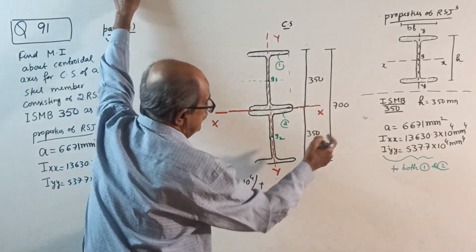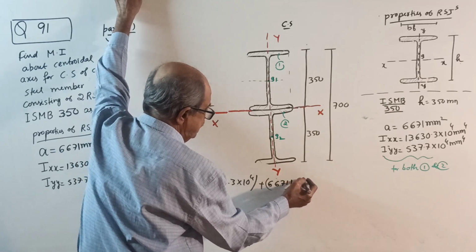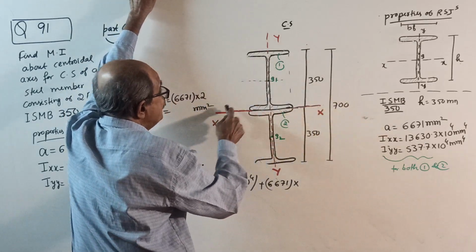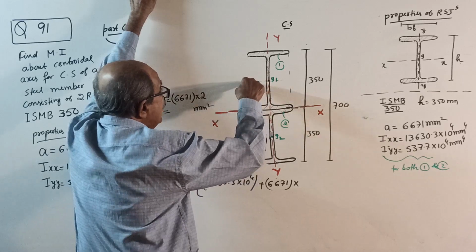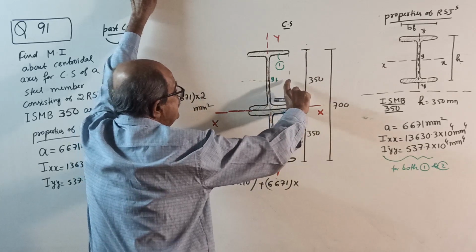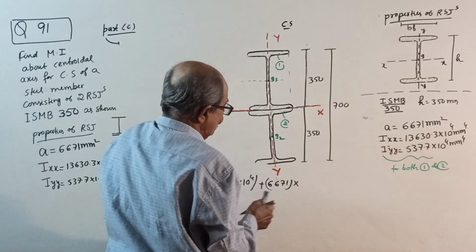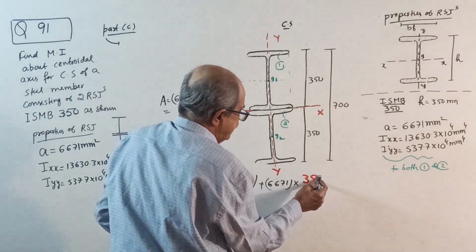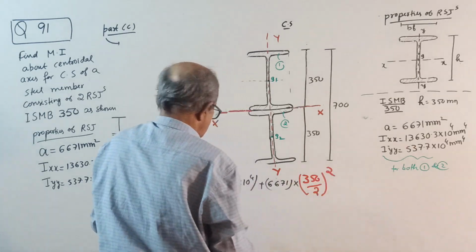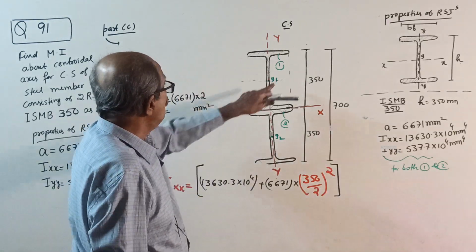Plus area 6671 into the perpendicular distance from centroid G1 to the XX axis squared. This distance is 350 by 2, whole square. Close the bracket. This gives I about XX for 1.